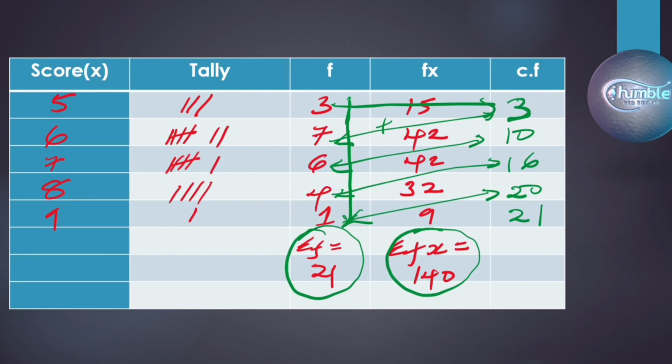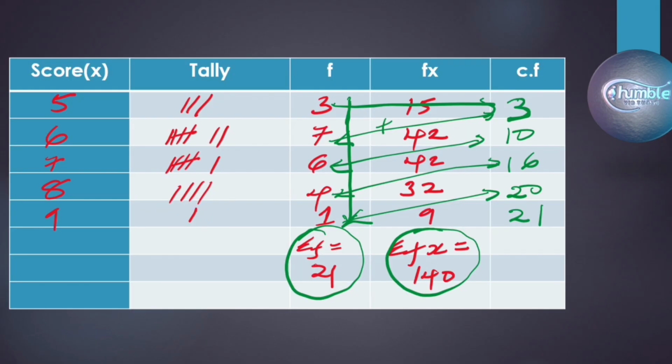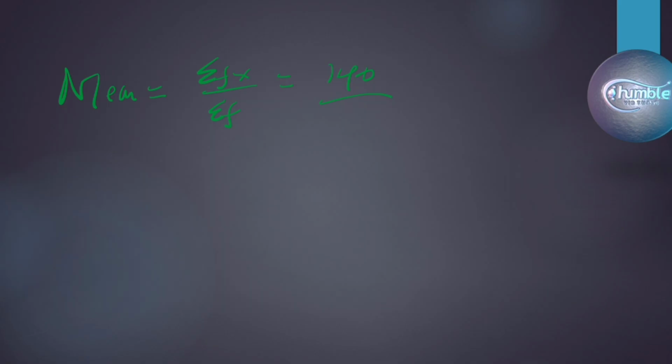That will be, our summation of f of x is 140, divided by summation of f, which is 21. If you divide that, it gives you 6.66667, which you can give to 4 figures. That gives you 6.667. This becomes our mean.